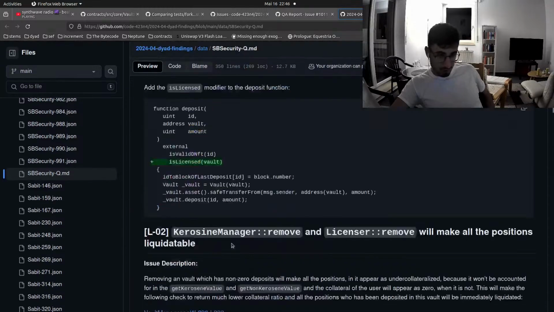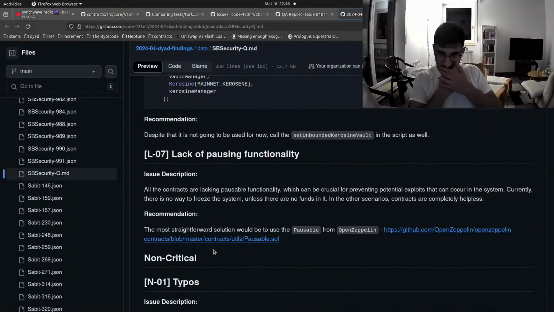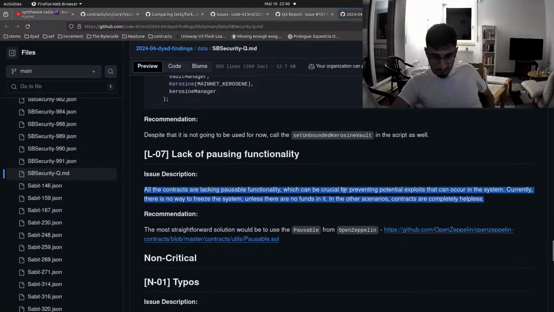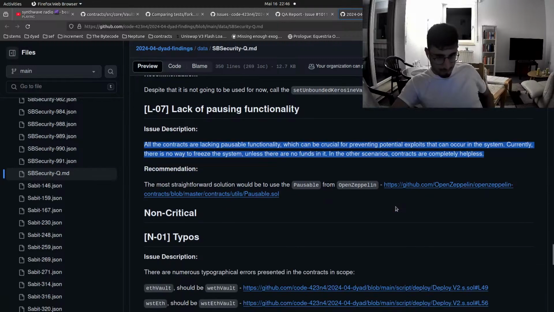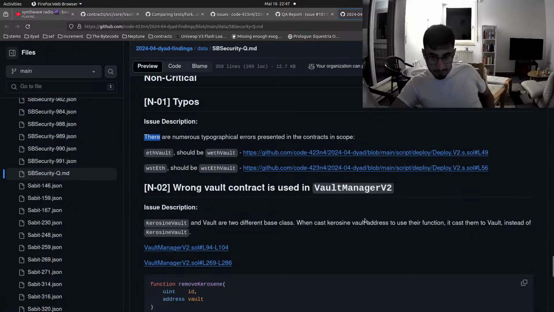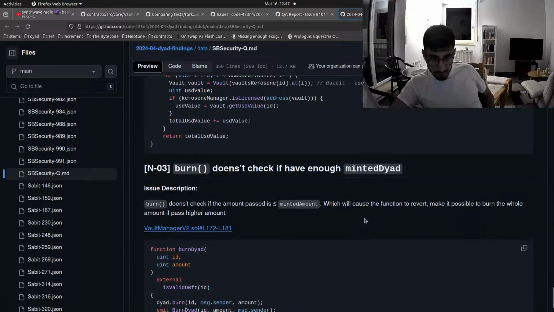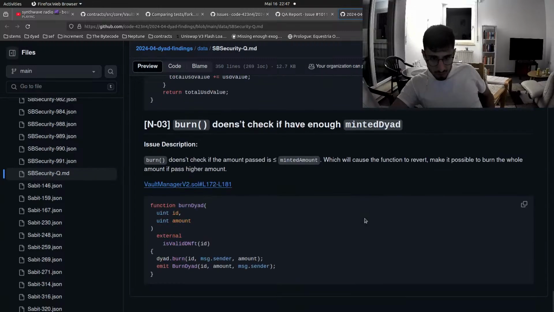Lack of pausing functionality. Yeah, we're not gonna do this. There are numerous typographical. What?